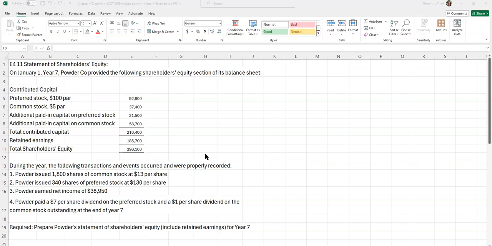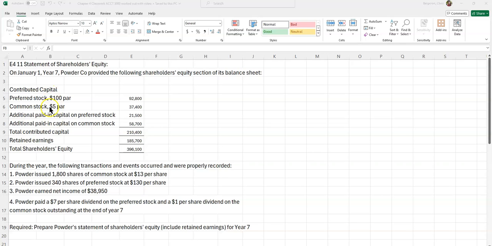So this is a statement of shareholders' equity, and we're given the following information that came from its balance sheet. We can see the contributed capital, and all the items under contributed capital represent value that came from investors.